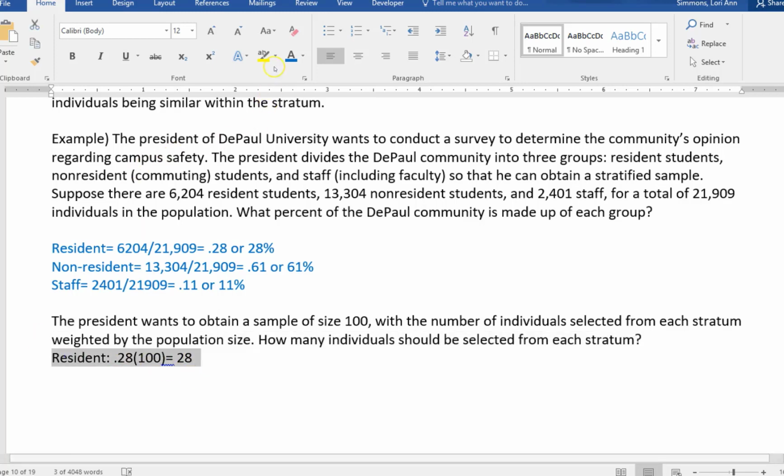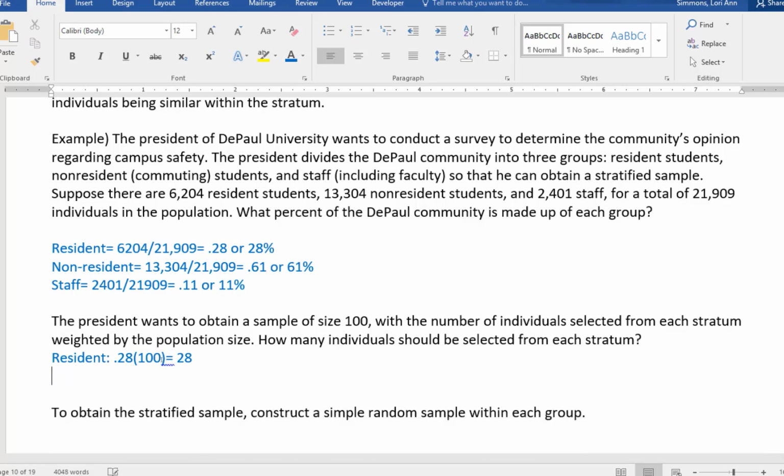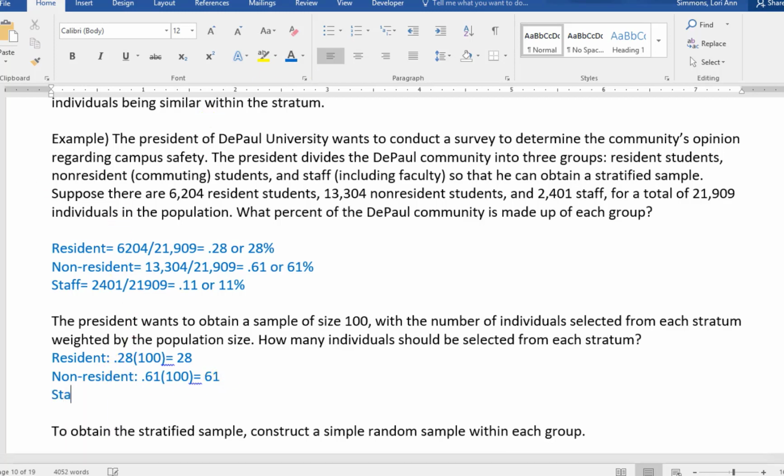So 100 is a nice number to see, but just know that if it was 75, you would put 75 here to come up with your number. Okay, non-resident, 0.61 times 100 equaling 61 non-resident students, and then staff, 0.11 times 100, which would give you 11.